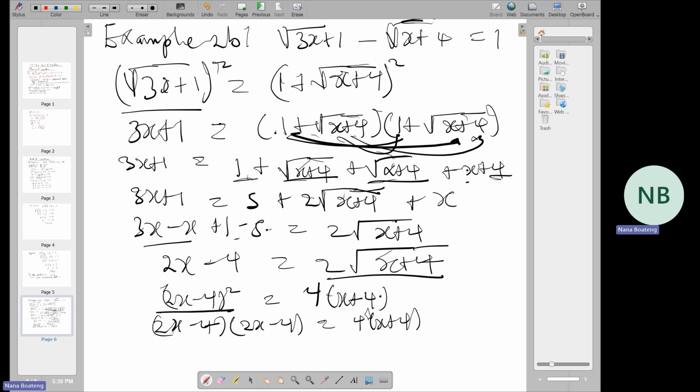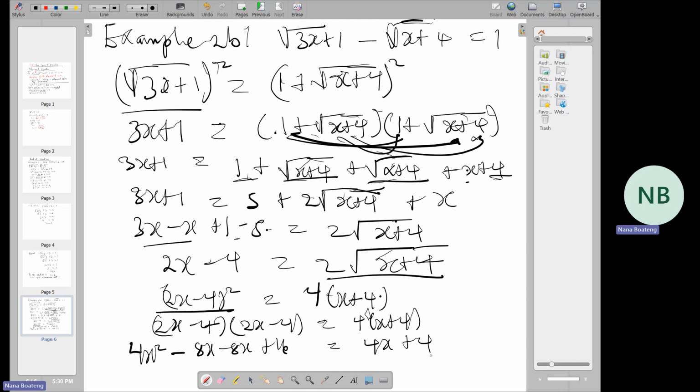So if we expand this, 2x times 2x is 4x squared, minus 2x times 4, which is 8x, minus 4 times 2x, minus 8x, minus 4 times minus 4, positive 16. And this equals 4x plus 4.